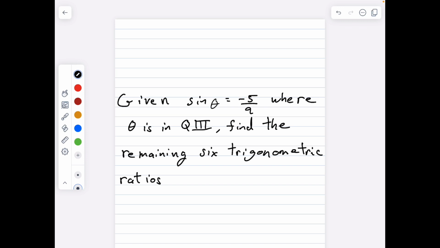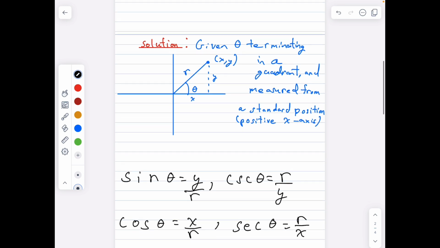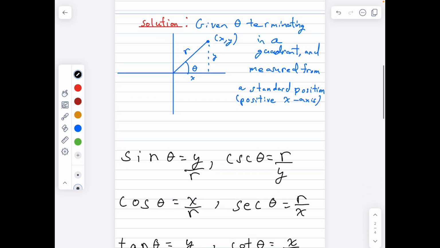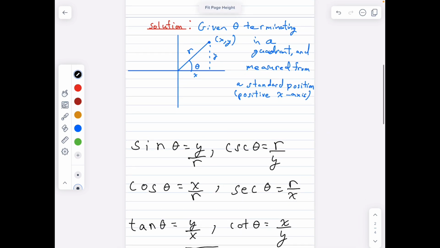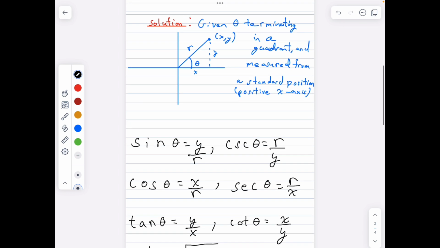All right, so the first thing I want to do is recall what we mean by those ratios. Let me zoom out just a bit. We have an angle theta terminating in a quadrant and measured from standard position, which means from the positive x-axis.